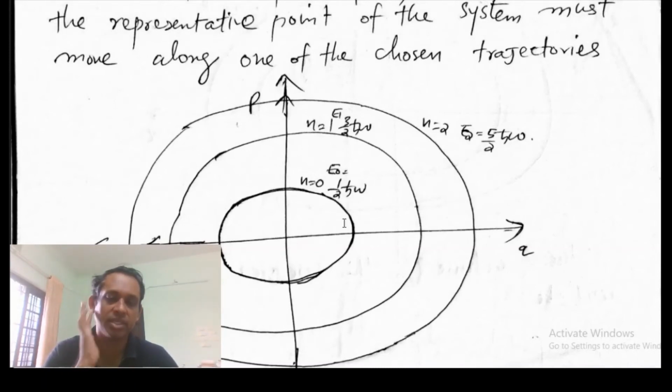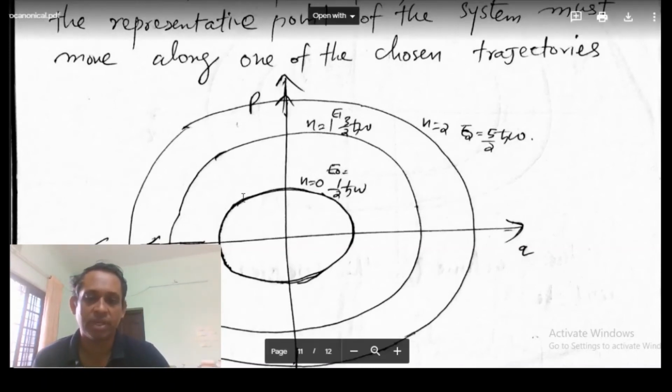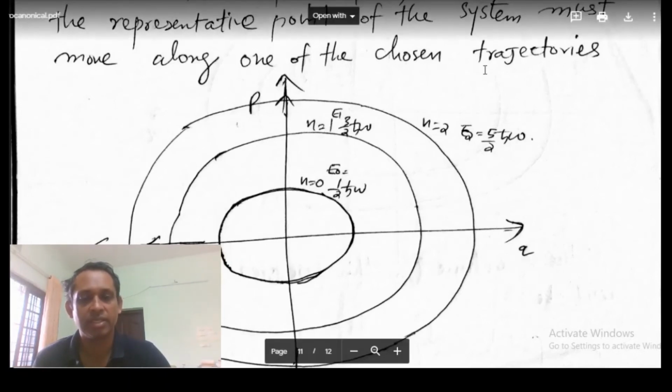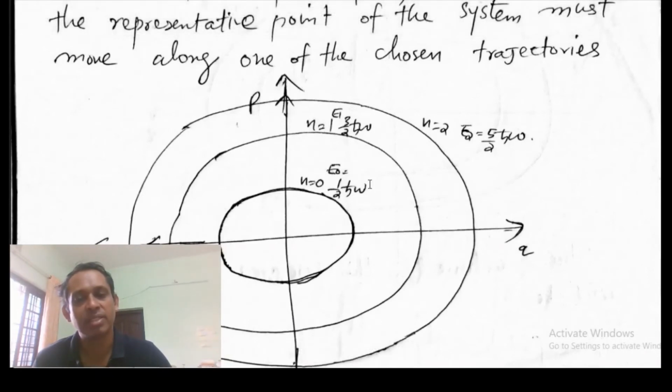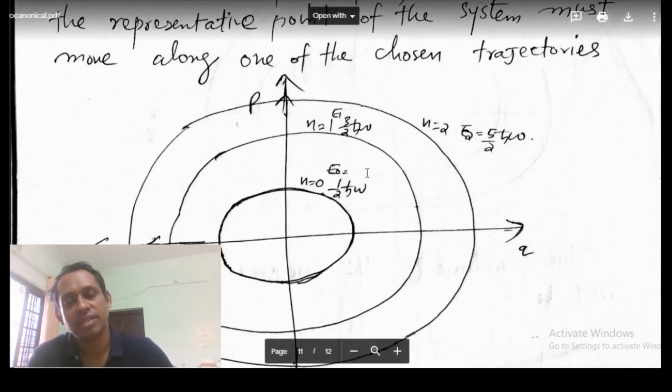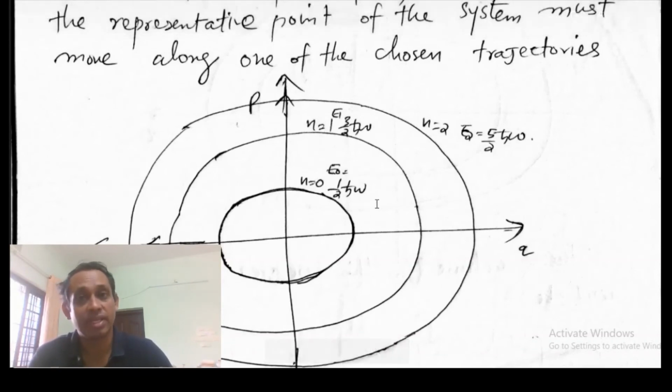So the first eigenstate for n equal to 0, and the second eigenstate and third eigenstate, and the difference in energy between the two eigenstates is ħω. Okay, the difference here is ħω and here it is ħω. So what we say is, in the energy interval ħω you have one eigenstate, because the spacing between the eigenstates is ħω in energy.